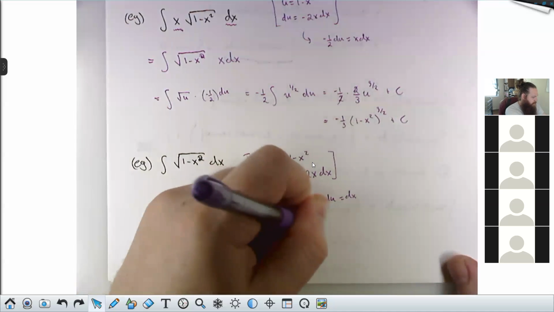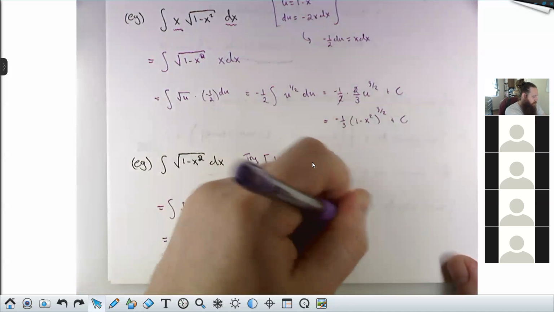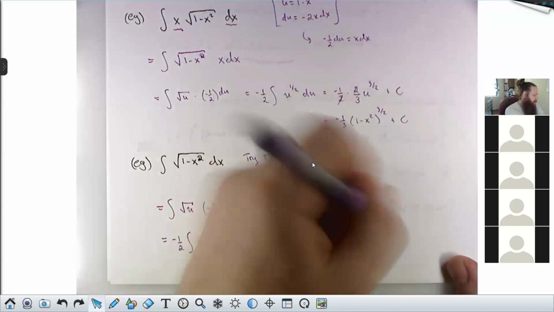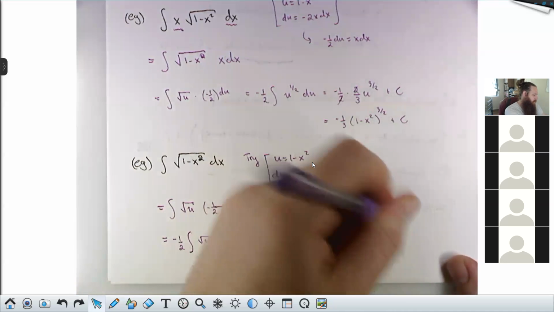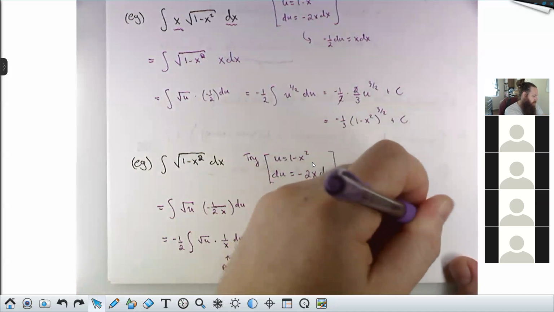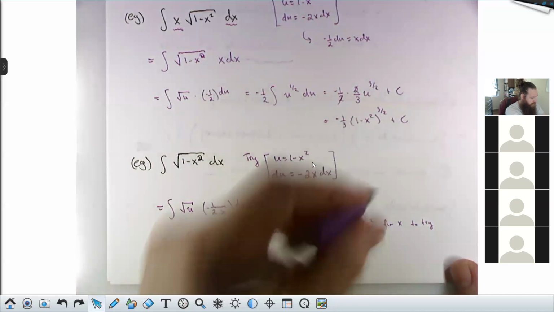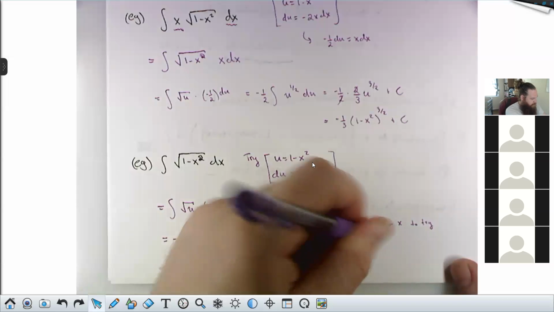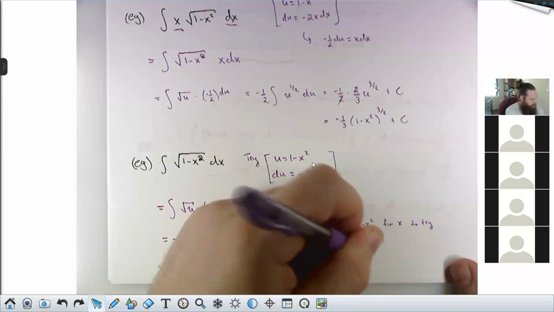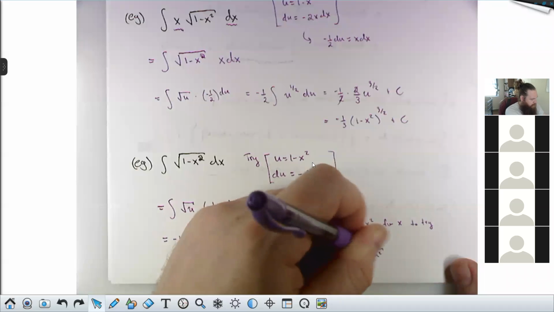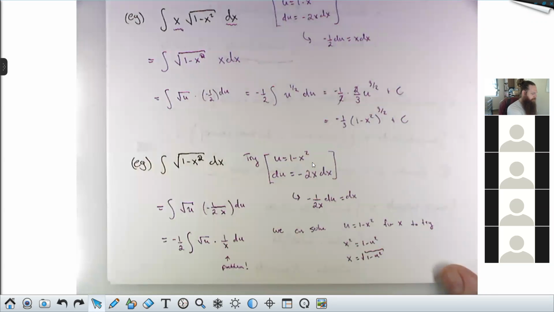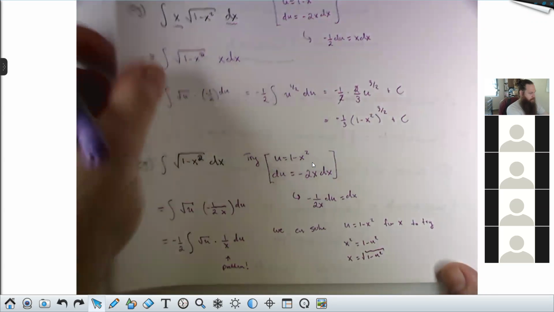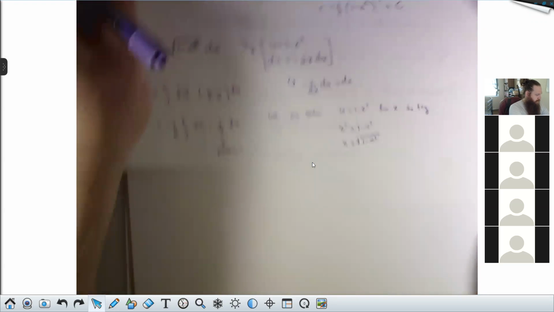We can solve u equals 1 minus x squared for x to try. Let's see, I add x squared to both sides, subtract u from both sides, and I get x is the square root of 1 minus u. So what would that do to my integral? Well, nothing good.